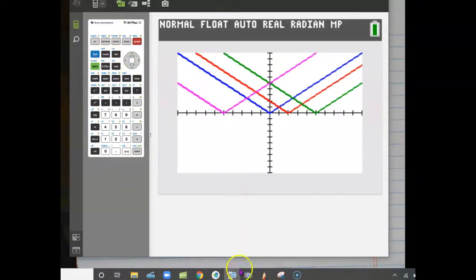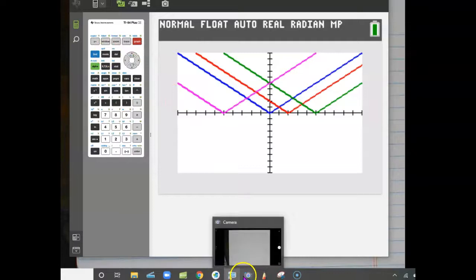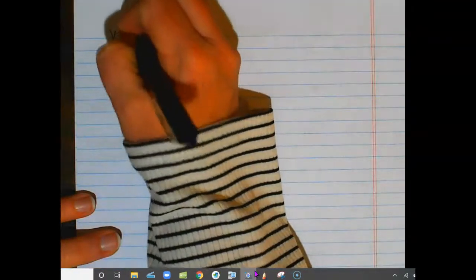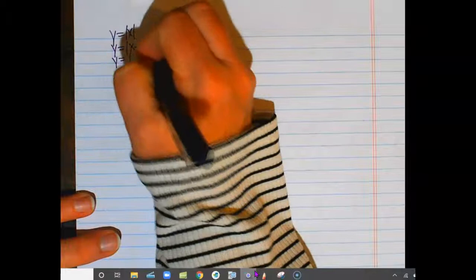Let's write down all those different ideas on our paper. Okay. So we graphed y equals the absolute value of x, y equals the absolute value of x minus 2, y equals the absolute value of x minus 5, and y equals the absolute value of x plus 5.